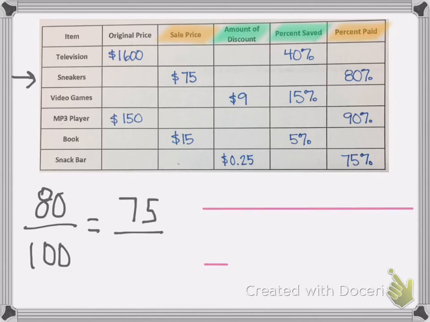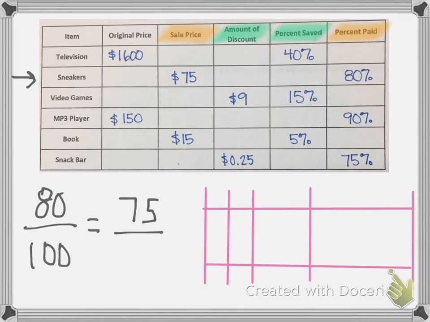So there's a number line. This will be 0%. This over here will be 100%. And then I want to get 80% in there, so I'm going to do it by tens. So that's 10, 20, 30, 40, there's 50, and then 60, 70, 80, 90, that's there.